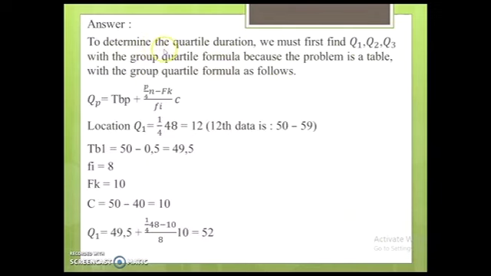Answer: to determine the quartile range, we must first find K1, K2, K3 with the group quartile formula, because the problem is a table with grouped data. The formula is as follows: Kp equals Tbp plus (P divided by 4 minus Fk) divided by Fe.